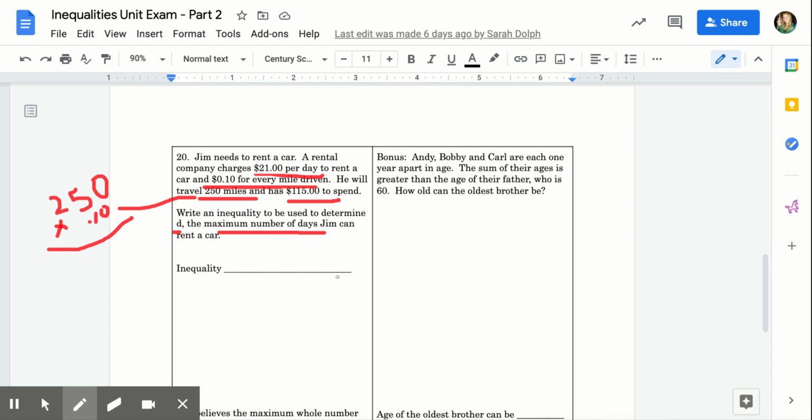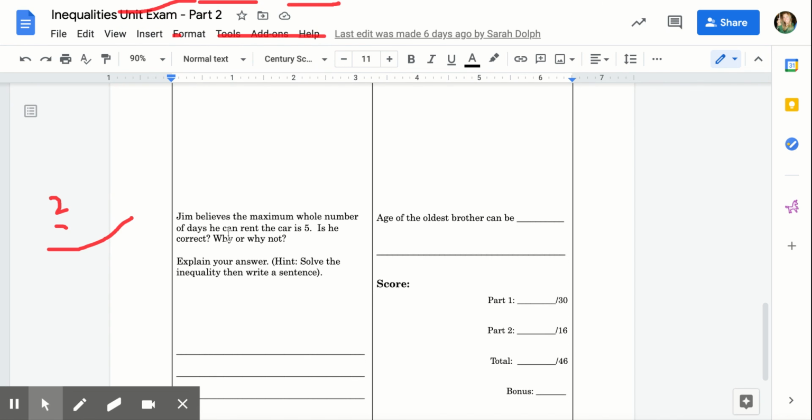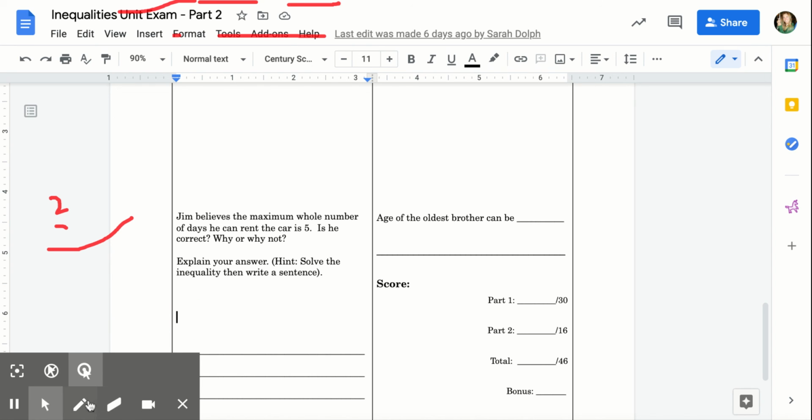All right, so I basically just told you how to set that one up. You have to write it here. You have to show all of your work to solve it. Then down here, Jim believes the maximum whole number of days he can rent the car is 5. Is he correct? Why or why not? So you would write something like, no, he can't because.